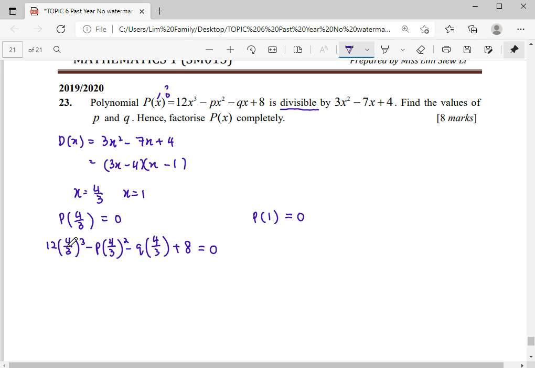We simplify it to get, here we'll get negative 4p and then negative 3q equals to negative 82. Alright, you can simplify it one by one. What's the value of this? Okay, so we can do it one by one.